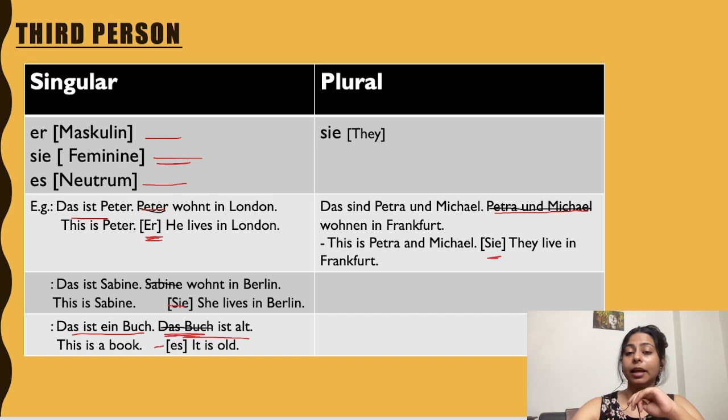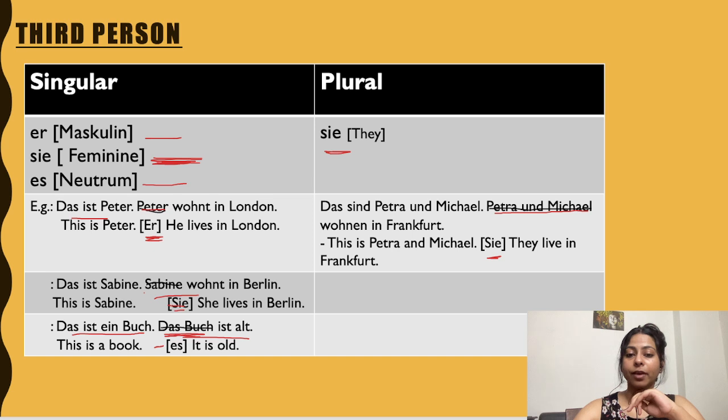Now we have again two sie. This sie in singular, which is in a feminine case, and this sie in plural. So this will be written with capital S only when it's at the beginning of the sentence. So if you could see here, it's in capital because after the full stop, a new sentence is starting.